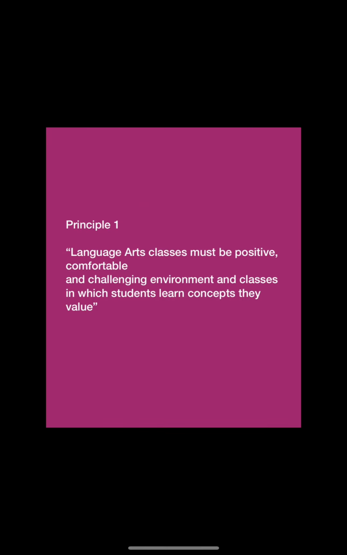The first principle that was successful in my classroom is language arts classes must be a positive, comfortable, and challenging environment, and classes in which students learn concepts they value. I believe creating a positive, comfortable, and challenging environment promotes a better learning experience for learners.